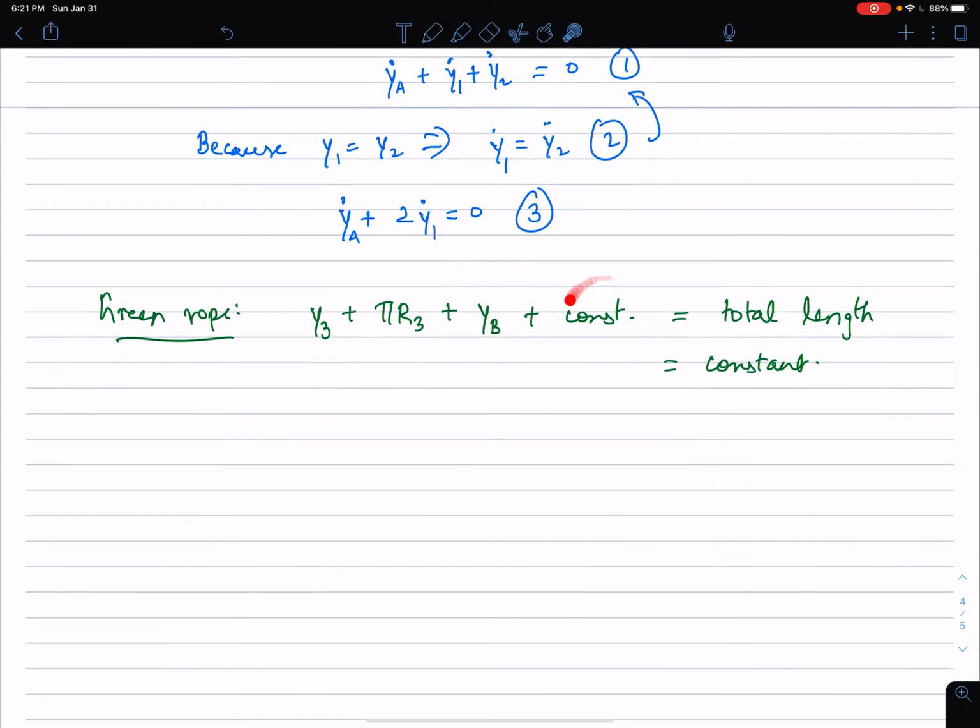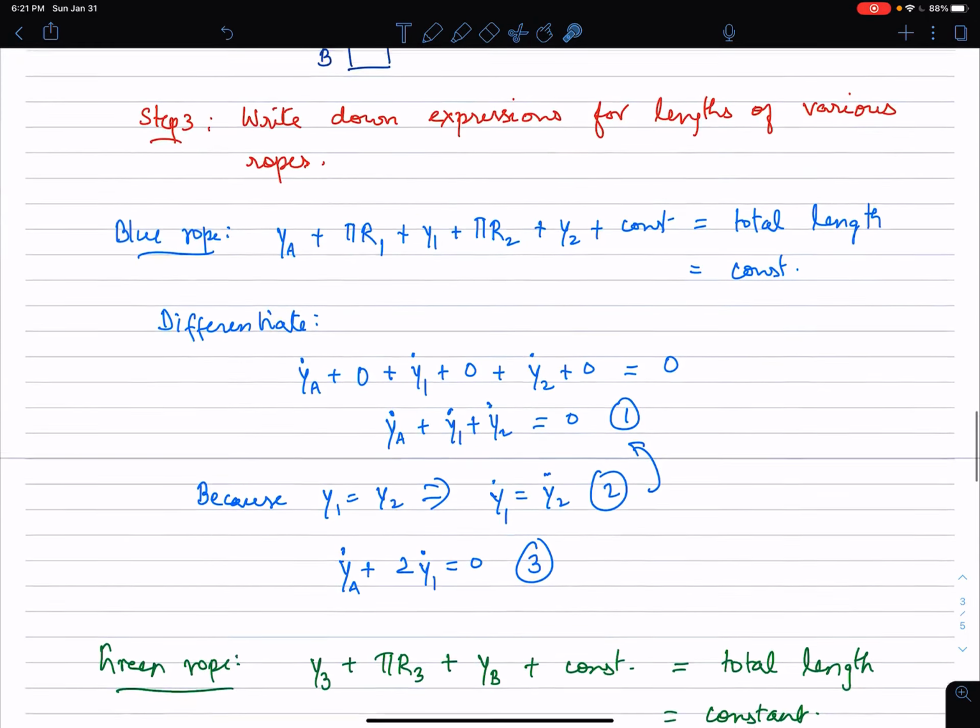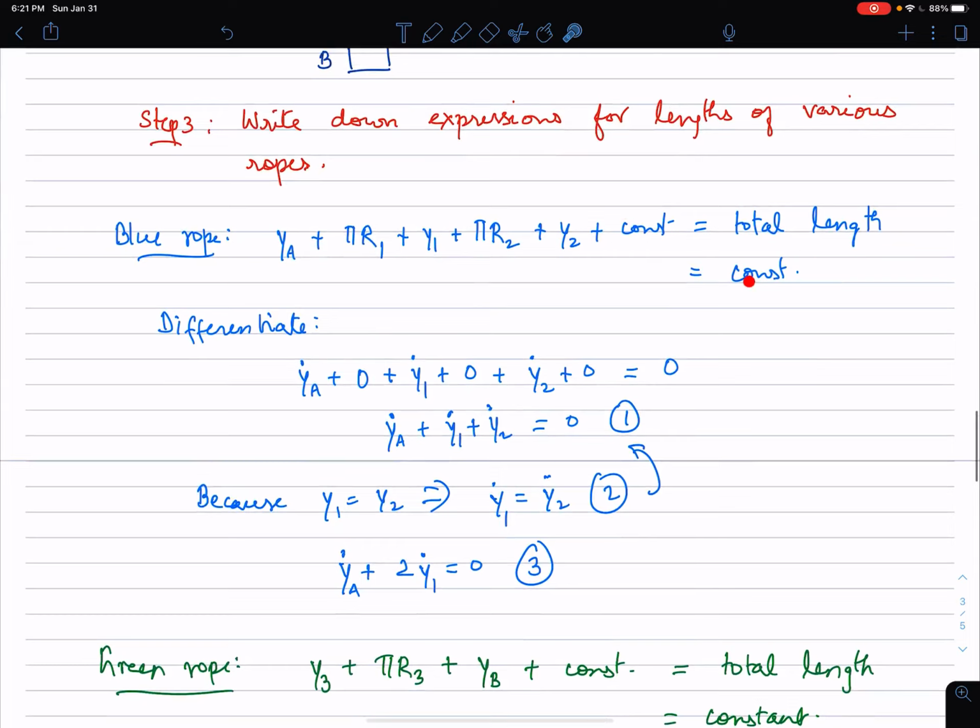Now, when we say constant, what we technically mean here is not that this constant is the same as this constant, but that this is some constant, and this is potentially some other constant. Similarly, this is some constant, this is some other constant. All that matters is that it's some constant, because when you differentiate it, if you know that it's a constant, that value goes away, okay?